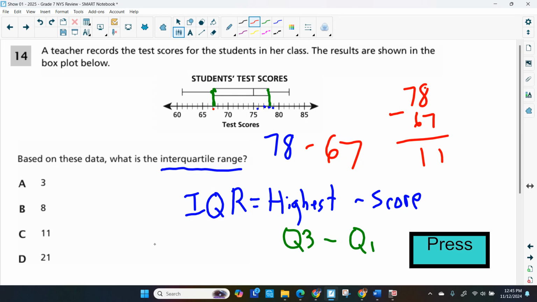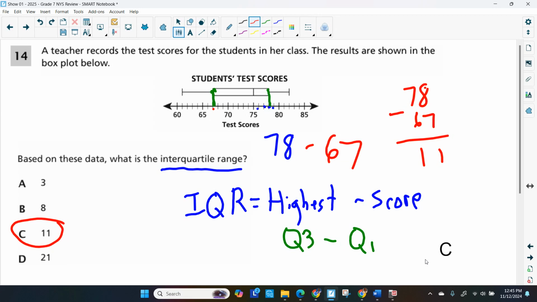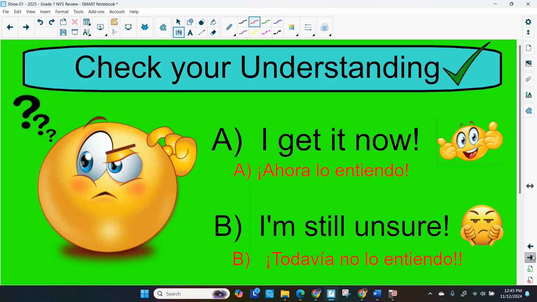So our IQR is C, 11. So I hope you understood that. So all you have to do is look at your box and whisker plot and subtract the ends of the box, or the highest of the box and the lowest part of the box. All right, so C is a good choice.